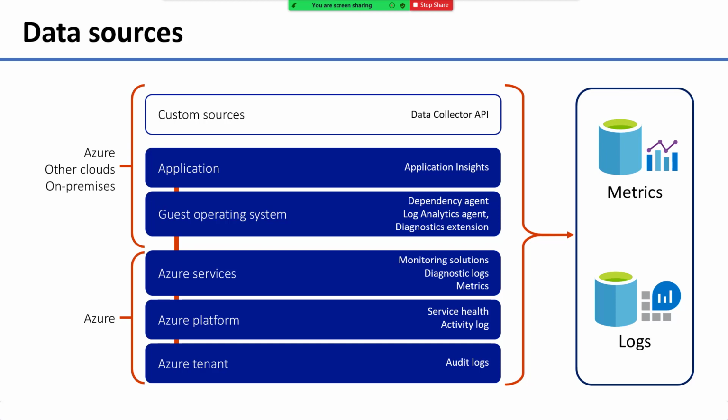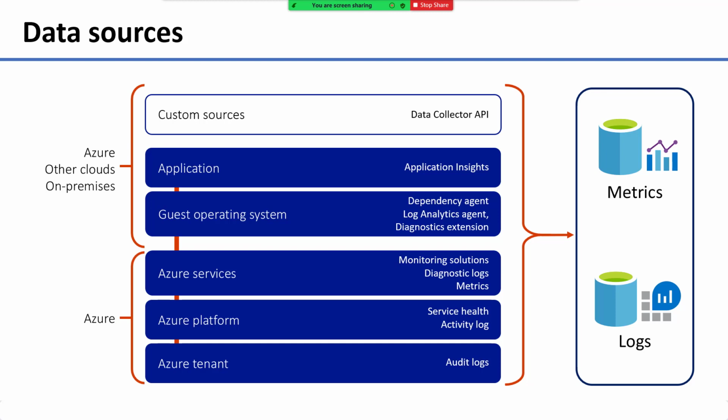For a guest operating system like virtual machines, you can install the dependency agent, install the Log Analytics agent, or enable the diagnostic extension. Depending on your need, once you enable these, your guest operating system logs will start collecting into Azure Monitor logs.